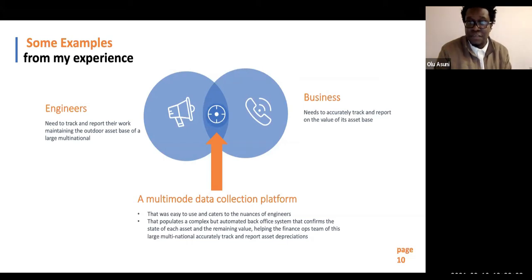And the same thing if the accountants were trusted with creating the asset tracking and performance management tool, they will create a tool that engineers will never understand how to use. But bringing the engineers and the accountants and the finance ops people into the same room and putting smart BAs like all of us on this call tonight together to guide them using the design thinking process, iteratively, we arrived at that sweet spot.